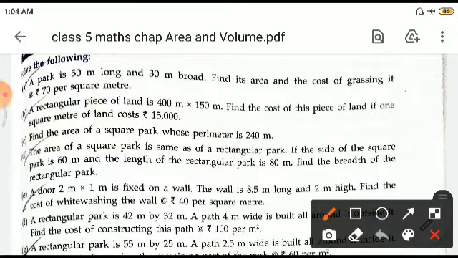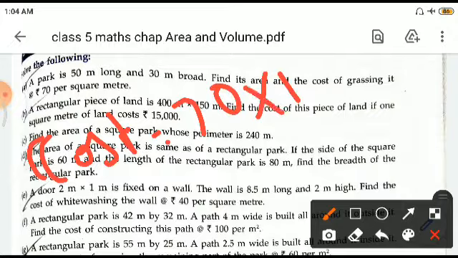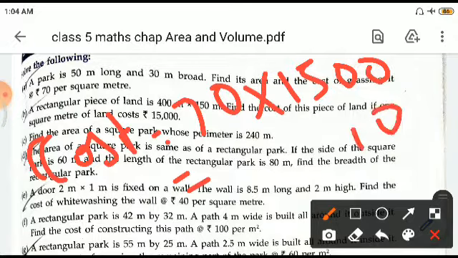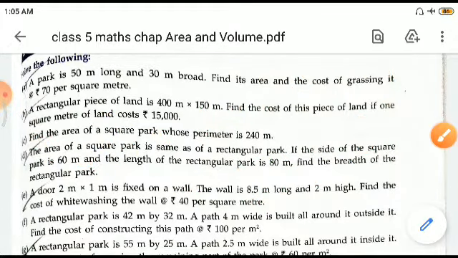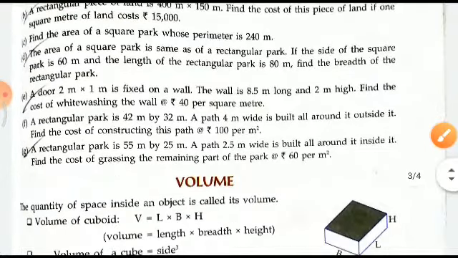The cost is 70 per square meter, so total cost will be 70 into 1500, right? Sorry, it won't be 0 here, it will be a 5 here. So the answer will be 1,05,000. Okay, now you will be using these kinds of logics in this exercise.